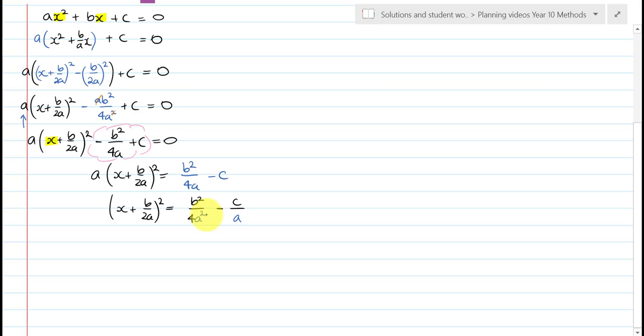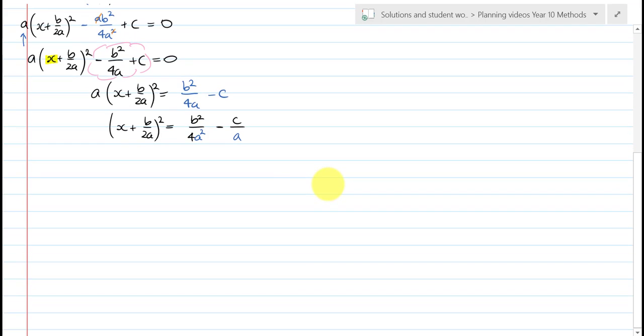And now I've got those two fractions, I'm going to combine them together. So I'll have to do this by writing this original one as x plus b over 2a squared equals. Here the first one will stay the same, but the second one will change. So the 4a squared already includes the denominator of the second fraction.